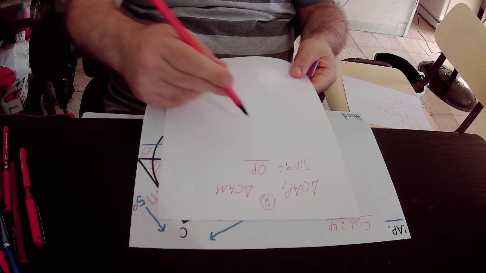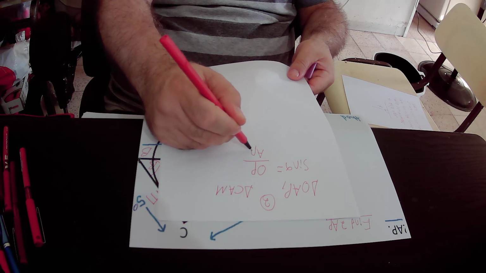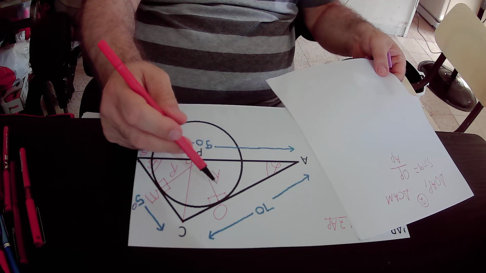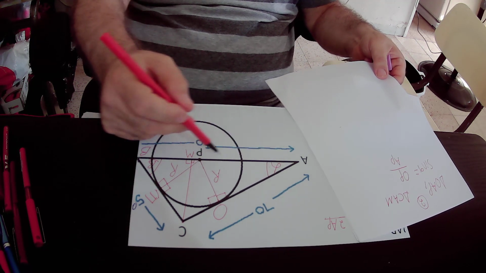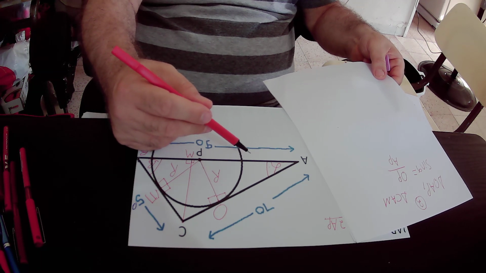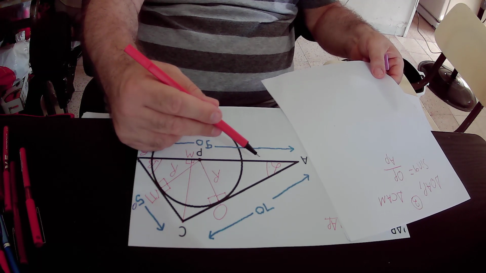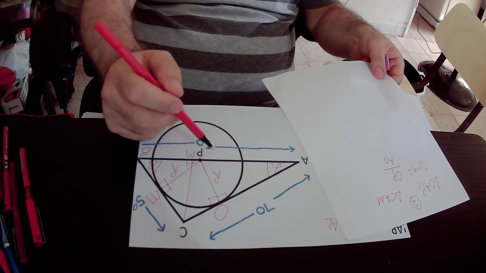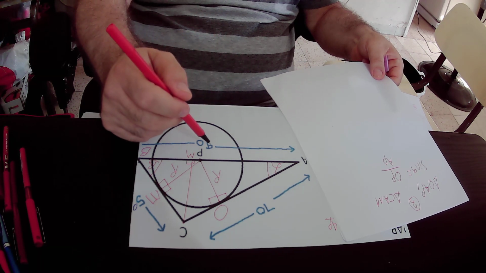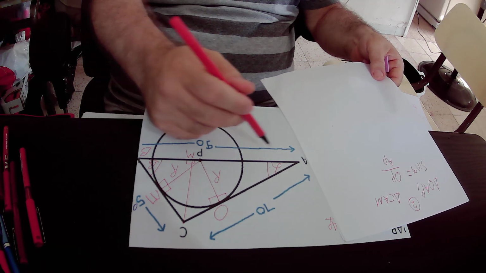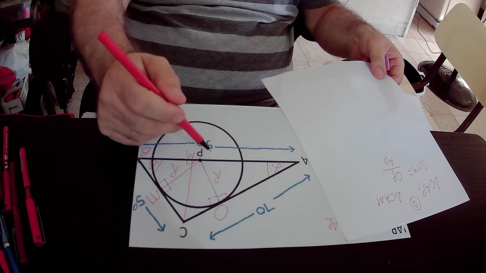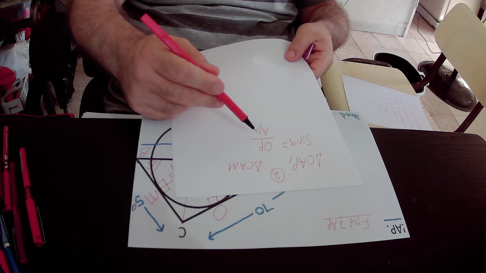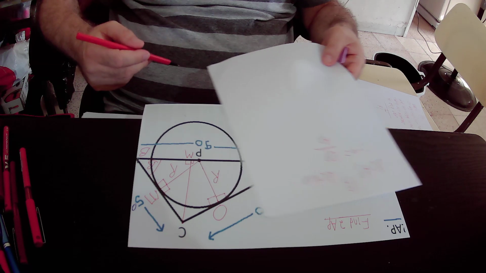So sinus alpha in triangle AOP equals OP over AP, or the ratio between the side in front of angle alpha divided by the hypotenuse, that is to say AP.